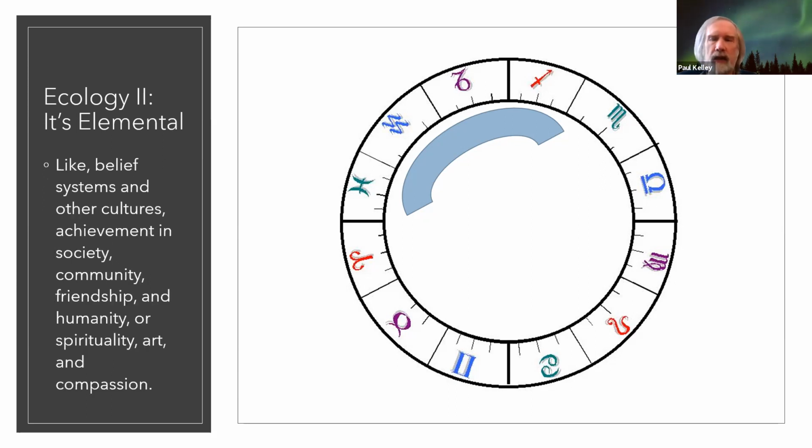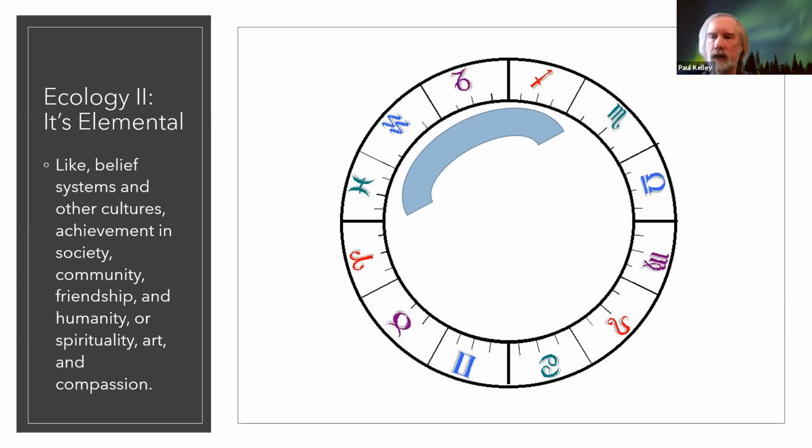So Sagittarius thinks about belief systems and other cultures. Capricorn achieves through work and society. Aquarius is interested in friendships and causes and community, and Pisces in spirituality and universal truths and the great mystery and art and compassionate service.